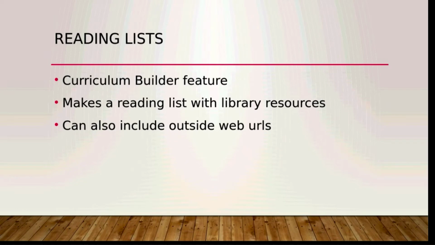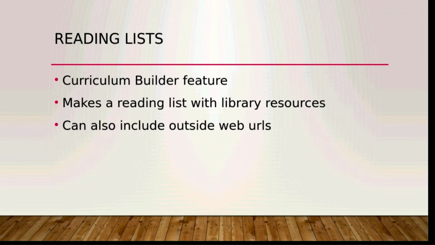Any of the articles or content that you're pulling in from Curriculum Builder is going to pull straight from library databases without making a copy of it, and it will allow our library folks to see how many students are accessing these journals. It helps them figure out what we want to keep subscribing to in the future and what our campus uses.